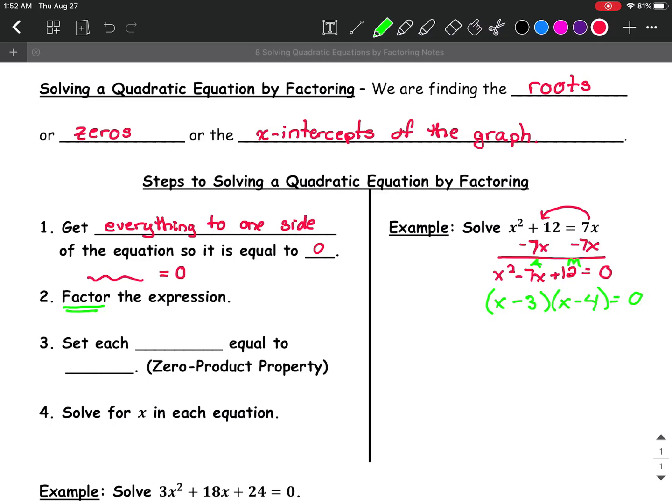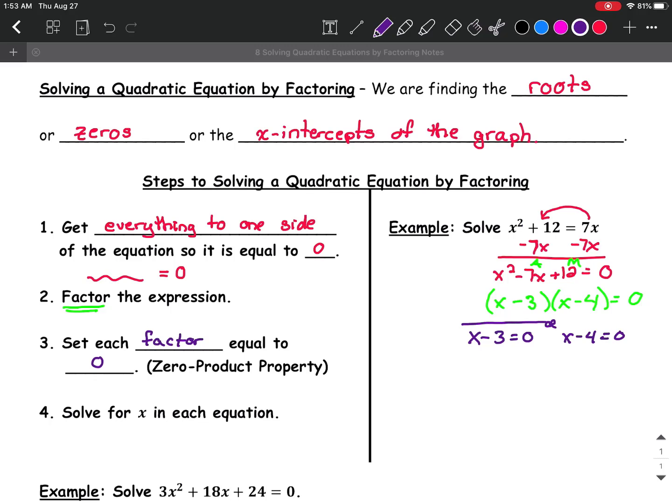Okay? Now, step 3. Set each factor equal to 0. That's where the zero product property comes in. If the factor x minus 3 times the factor x minus 4 gives us 0, that means that either the factor x minus 3 is 0 or the factor x minus 4 is 0.